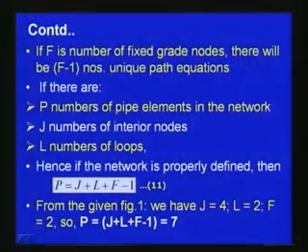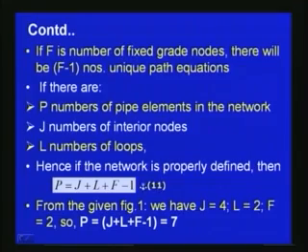If there are p pipe elements in the network, j interior nodes and l loops, then the pipe network is properly defined when p is equal to j plus l plus f minus 1, where p is the number of pipe elements, j is the number of interior nodes, l is the number of loops, and f is the number of fixed grade nodes.